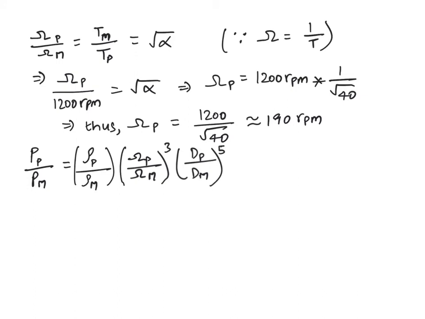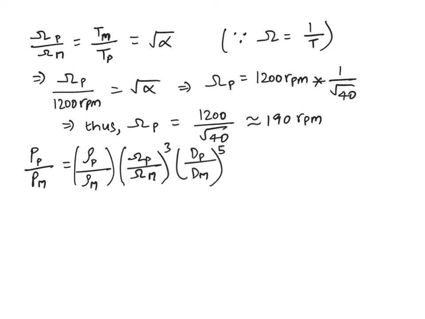So we tried to calculate the powers of rho, V, L. In that case, here we equate the dimensions of power to the dimensions of these repeating variables, which are rho, omega, and D. And that's how the powers of omega and D have come out to be 3 and 5, and the density as 1.